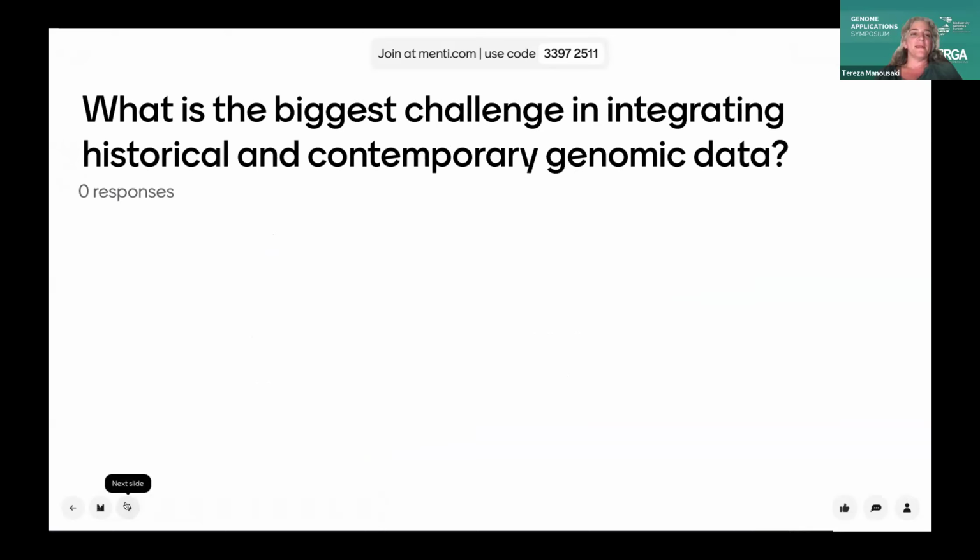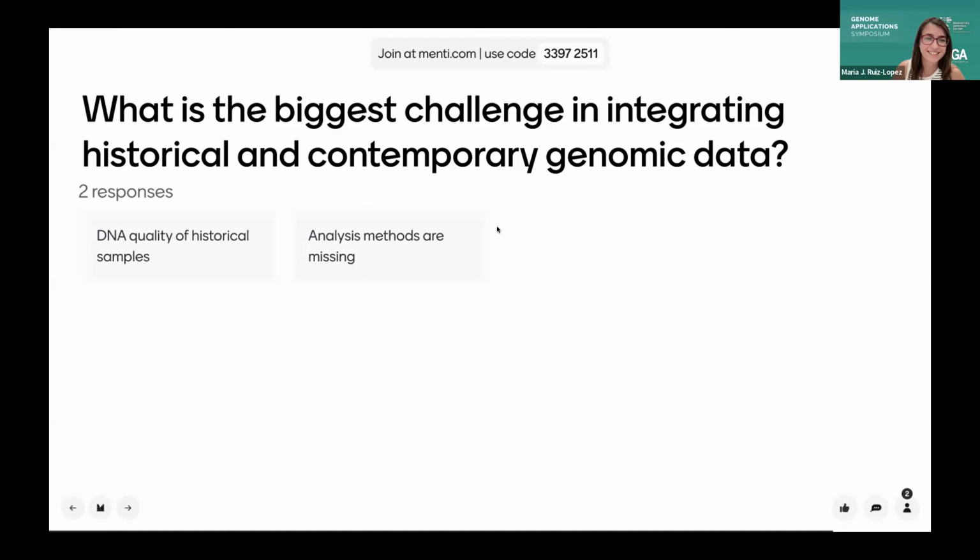Okay, and this is our most important question. What is the biggest challenge in integrating old samples with contemporary data? The inequality.